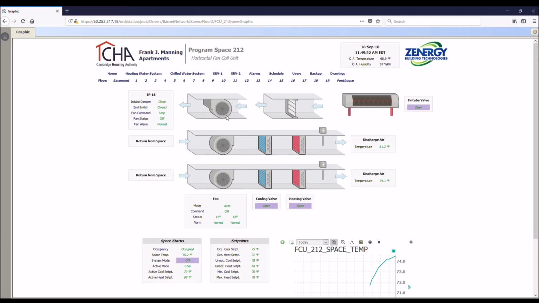So the exhaust fan always runs whenever the unit is running. These fans are set up to always run during occupied time, because these are common area spaces, they're tied into the common area schedule, which we'll talk about later. These fans don't cycle on and off based on temperature, they always run. Otherwise they operate identically to the rest of the fan coil units.